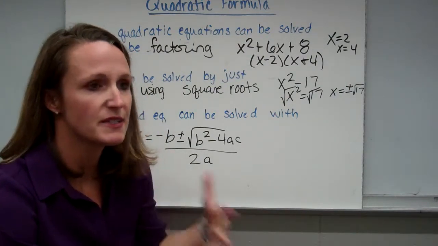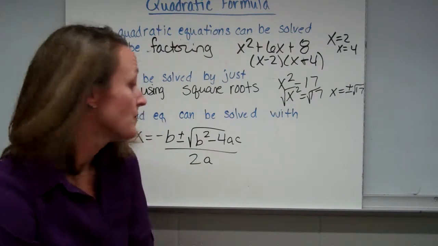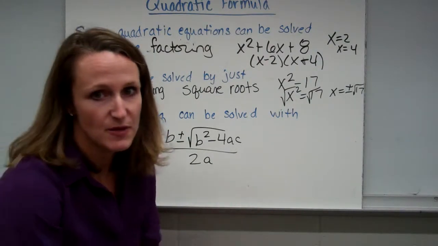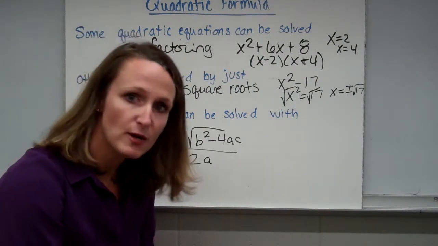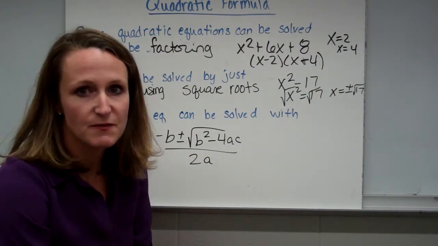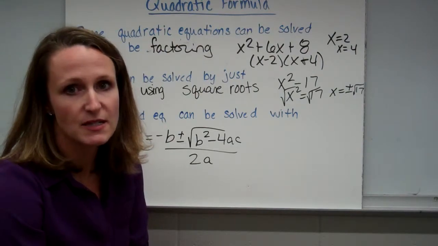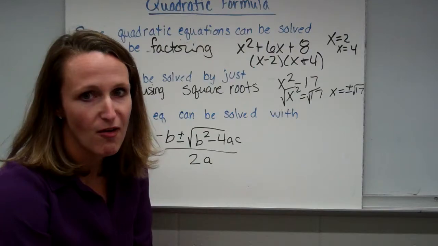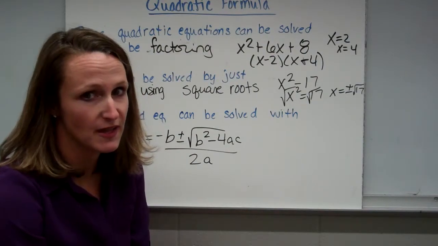You're supposed to sing it with someone echoing you: the opposite of b, plus or minus the square root, of b squared minus 4ac, all over 2a. I'm going to quiz you on that tomorrow.